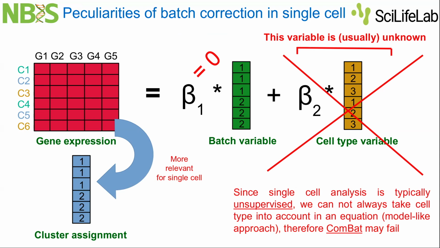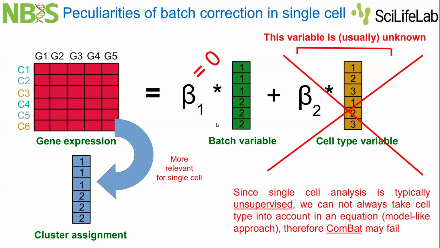That's a major assumption, but still it's what in principle you can try to use, and this is what Harmony uses. It approximates the cell type variable through cluster assignment, and tries to decorrelate, to make those two variables, batch and cluster assignment, uncorrelated. So as little connection between those two as possible.